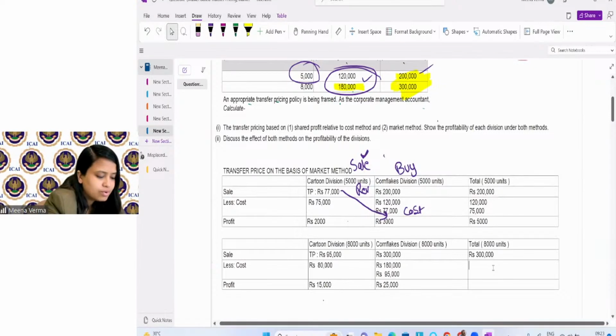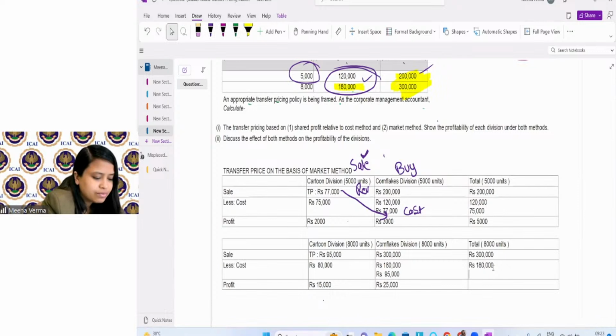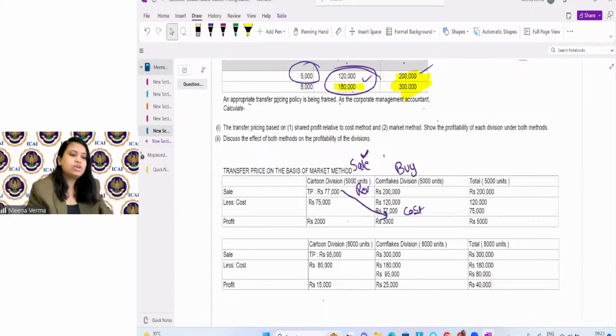Similarly, here what will be the total cost? 1,80,000 and 80,000 is the total cost. This will be giving you what? Rupees 40,000.